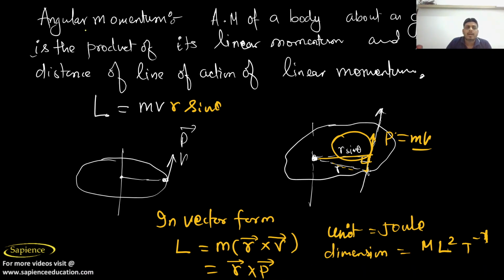Angular momentum of a body about a given axis is the product of its linear momentum and the perpendicular distance. Let's consider an object moving in a circular motion. It has some linear velocity v, and the distance between the object and the point about which it is moving is the perpendicular distance.